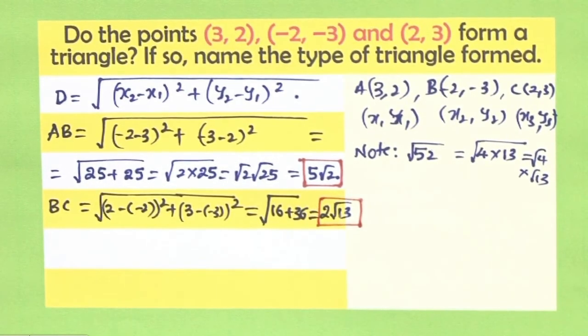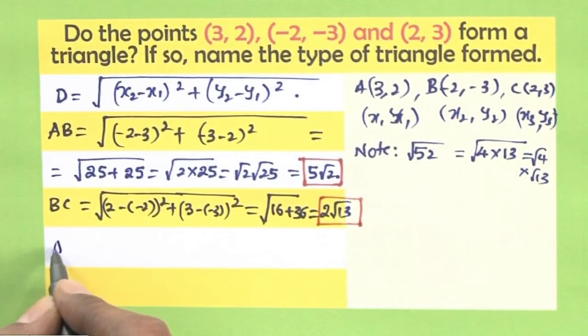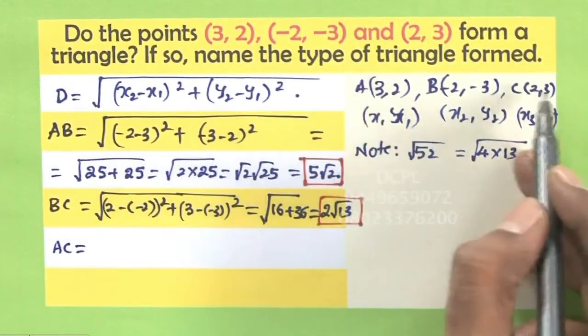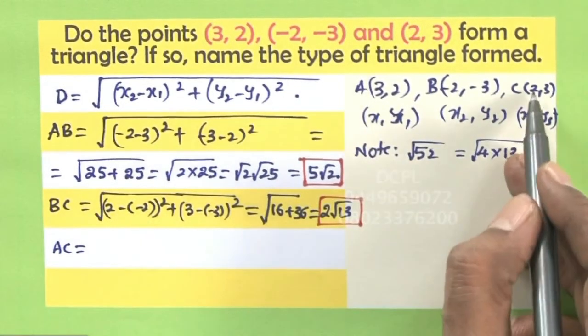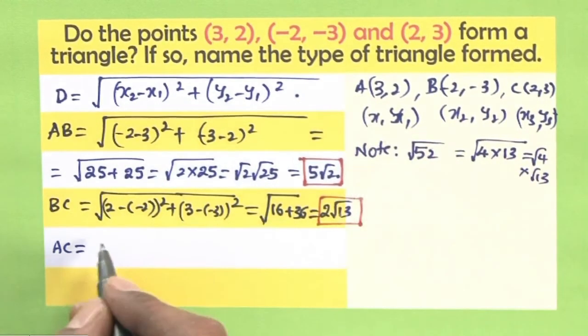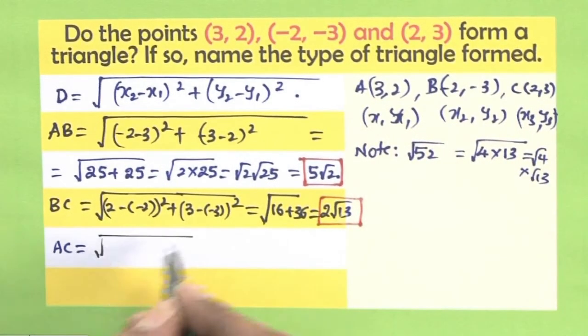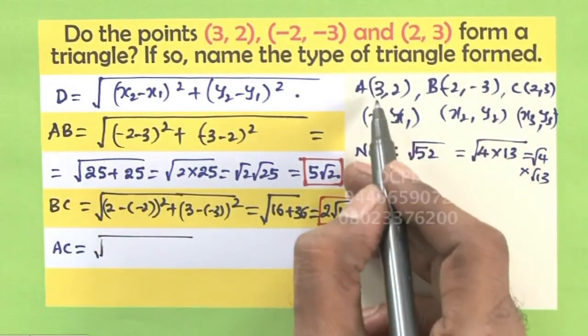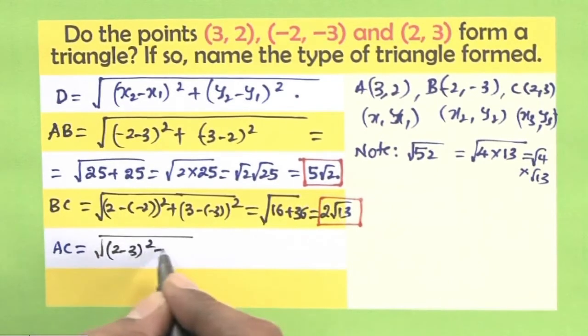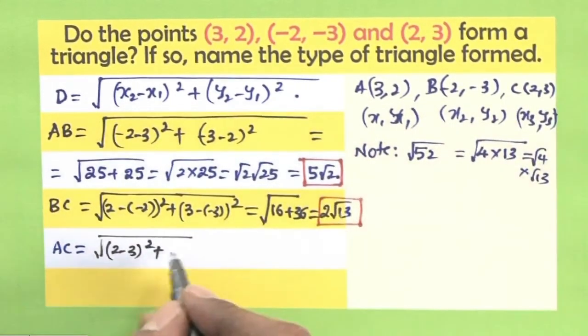Now what about AC? Now let us find out AC. What is AC? x3 minus x1 whole square plus y3 minus y1 whole square. That is square root of 2 minus of minus 3 whole square plus 3 minus 2 whole square.